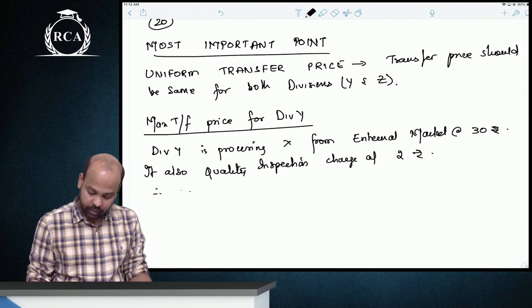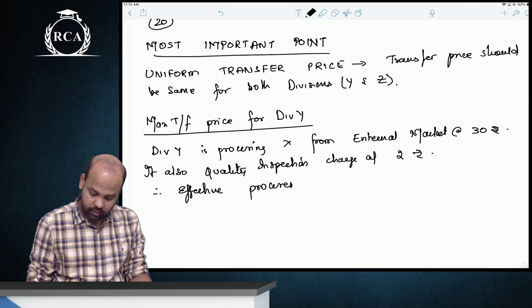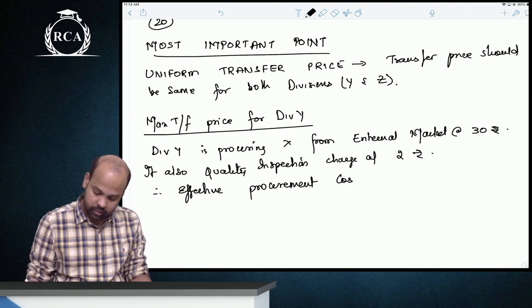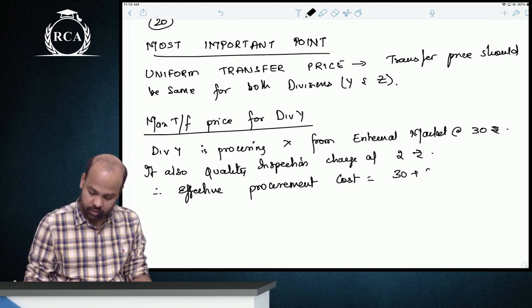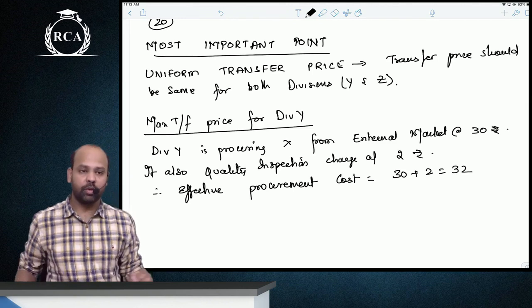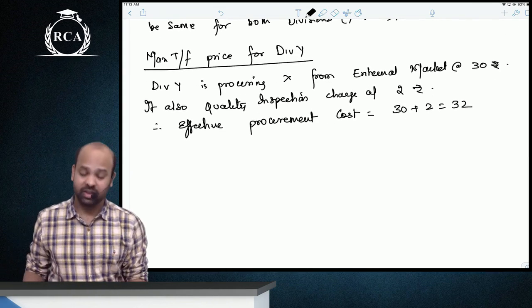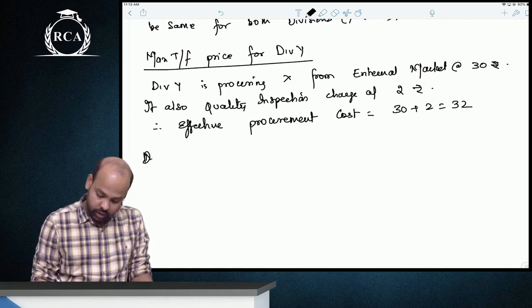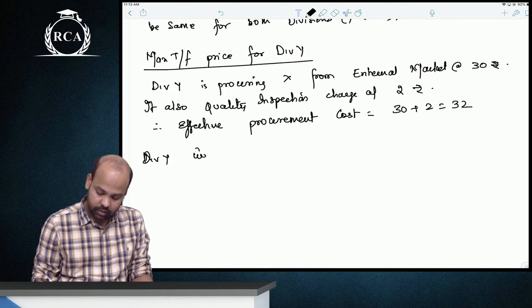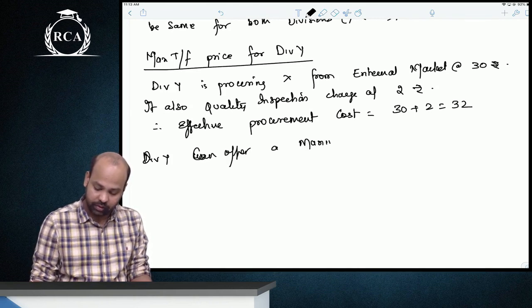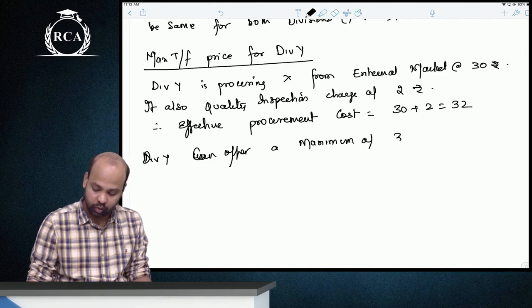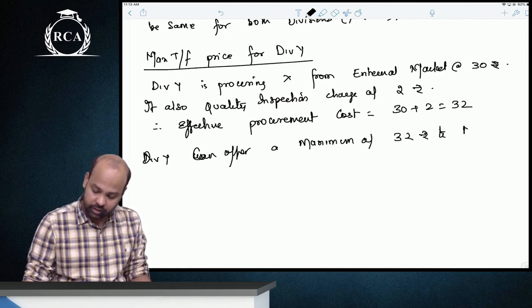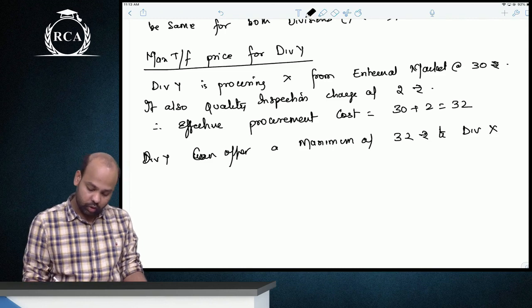Therefore the effective procurement cost would be 32 rupees. So division Y can offer a maximum of 32 rupees to division X.